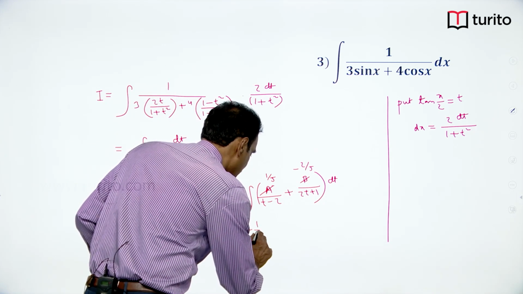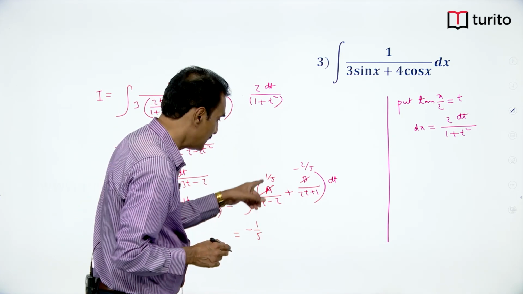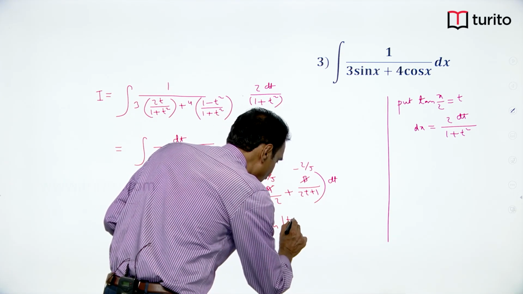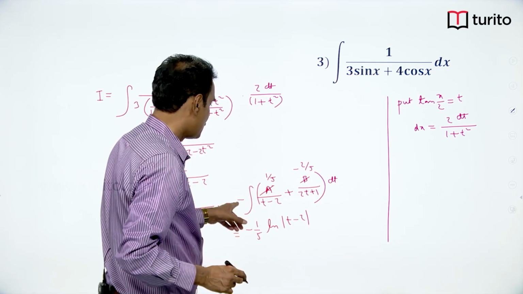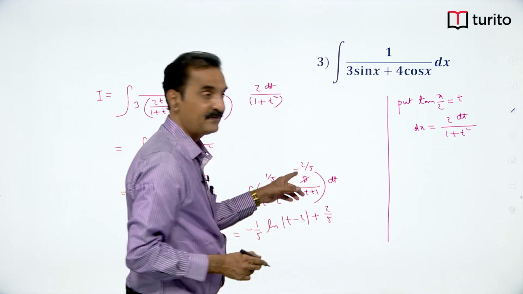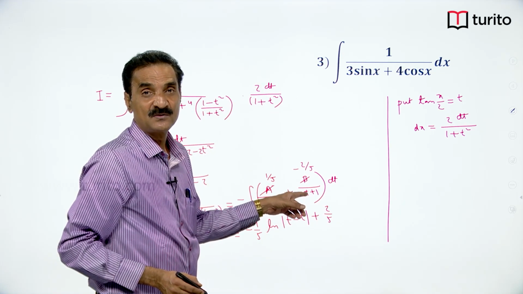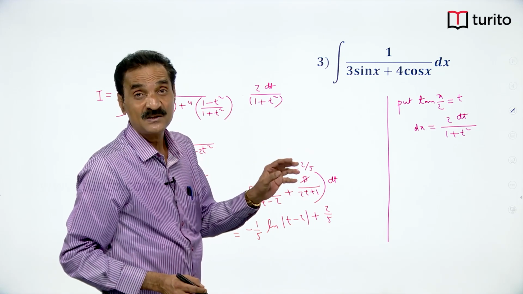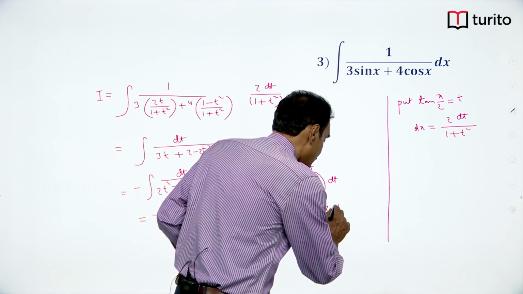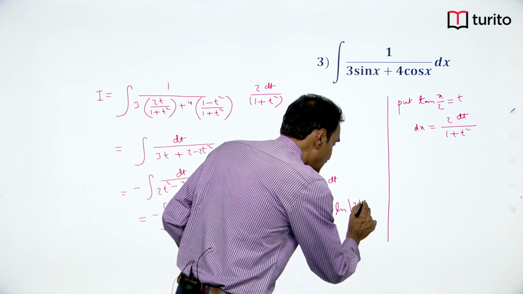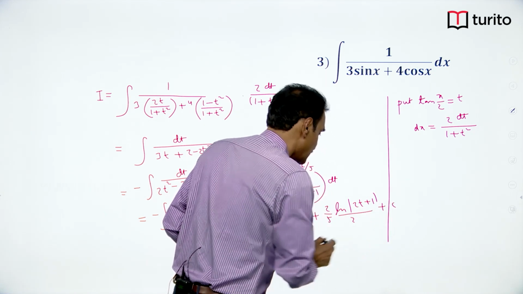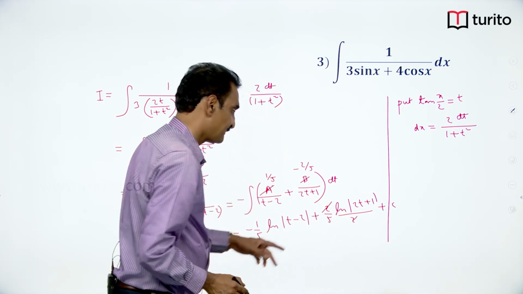Minus 1 by 5 into integral of 1 by t minus 2 is log mod t minus 2. Next, minus of minus is plus 2 by 5 into integral of 1 by 2t plus 1 is log mod 2t plus 1 by 2. Derivative of 2t plus 1 is 2, no? So, log mod 2t plus 1 by 2 plus c. 2 cancels.